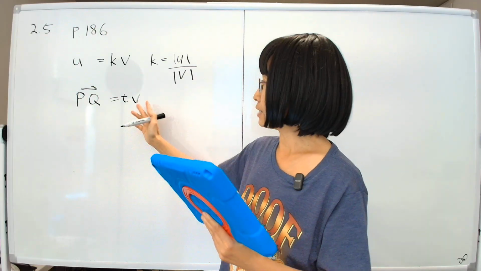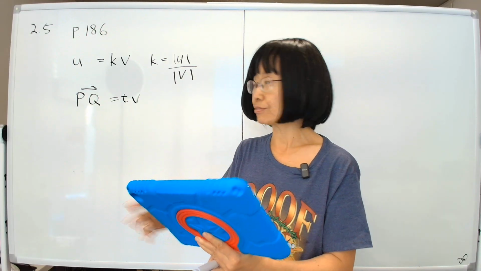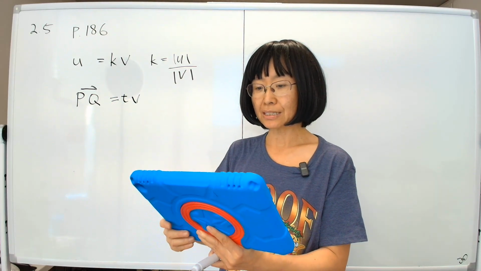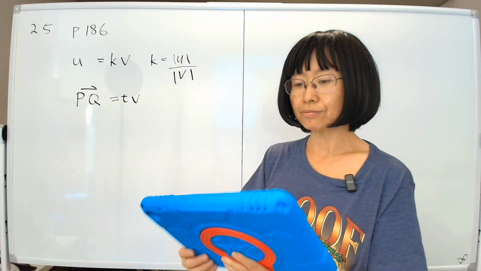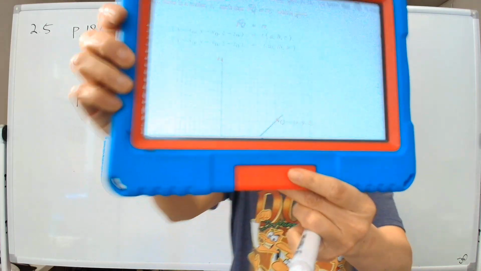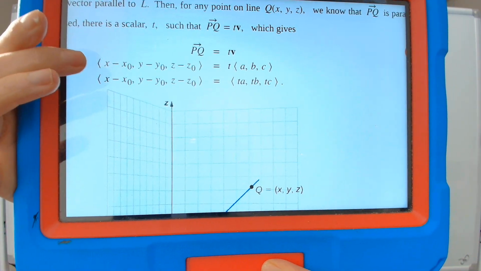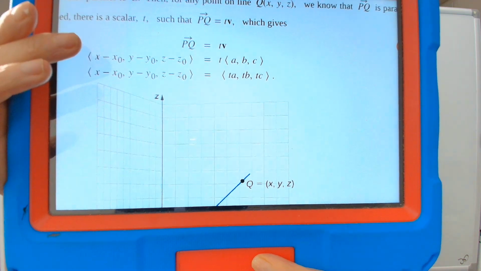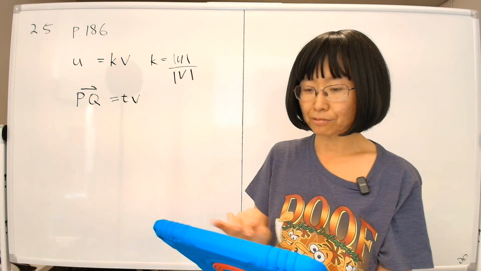And if you can find such a V, then from this equation we come up with a set of equations: x minus x0, and so on, that's the PQ. We write out PQ as the two points subtracted, and tV is equal to t times abc. And that is going to give us the equation of the line.